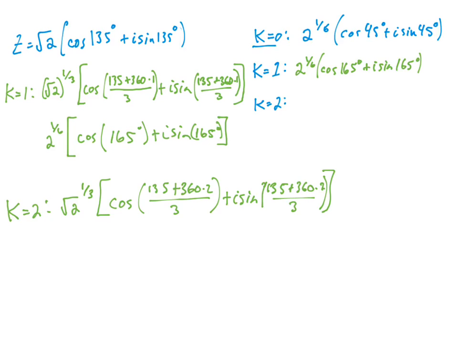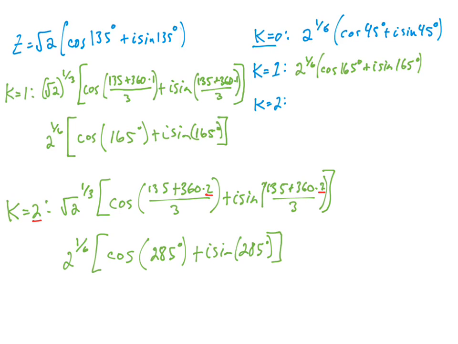And we're multiplying by 2 here and here because k is equal to 2. And then simplifying, we're going to have 2 to the 1/6 times cosine of, well, 360 times 2 is 720, plus 135 is 855. 855 divided by 3 gets us 285 degrees, plus I sine 285 degrees.